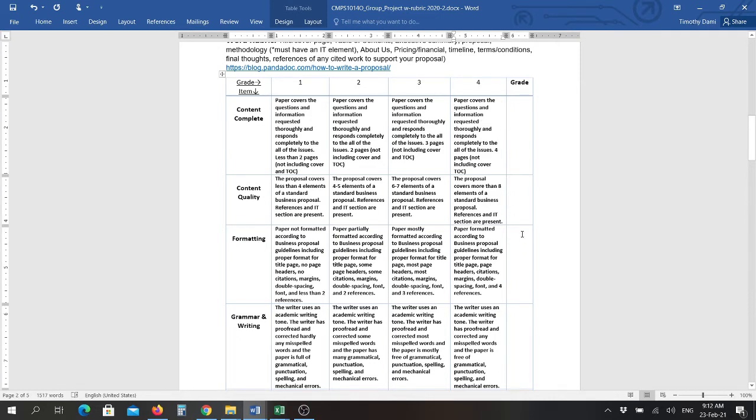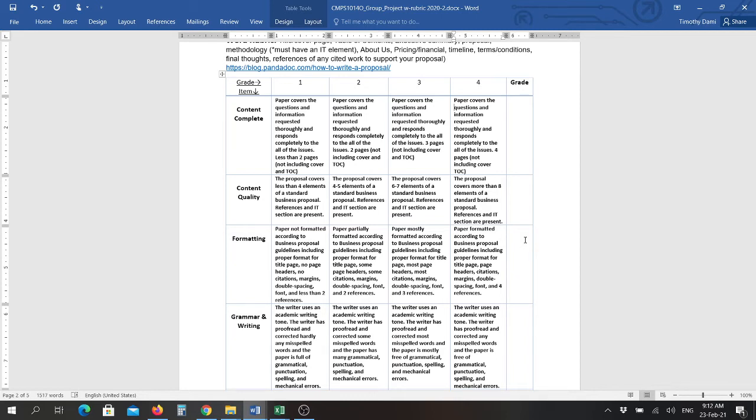So number 4 says here your paper covers the questions and information requested thoroughly and responds completely to all of the issues. So that means you're going to basically have a complete business proposal that deals with all aspects of the business proposal to your business. It must be a minimum of 4 pages, and that does not include any of the superfluous sheets, like the table of contents, the cover page, the executive summary, the reference page, and any images attached as an appendix.